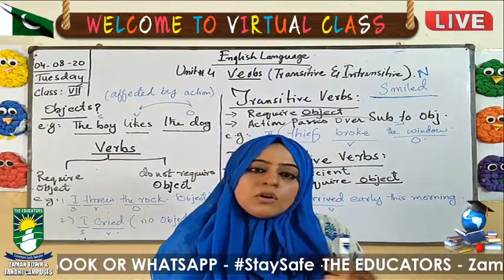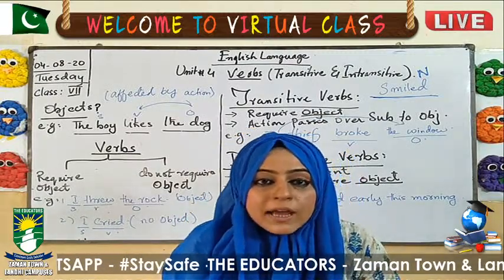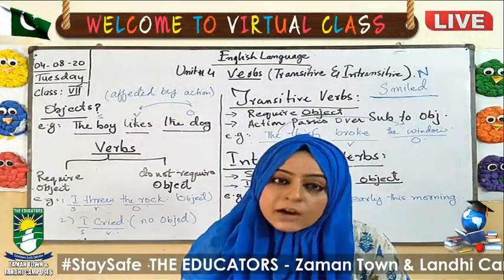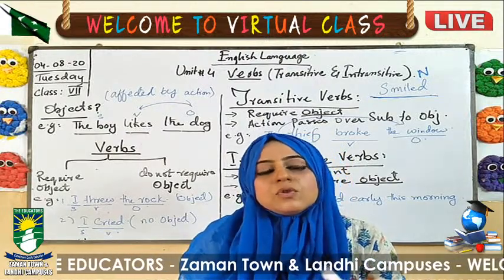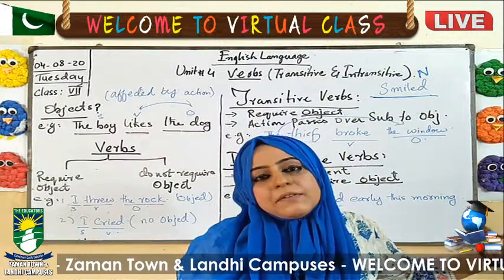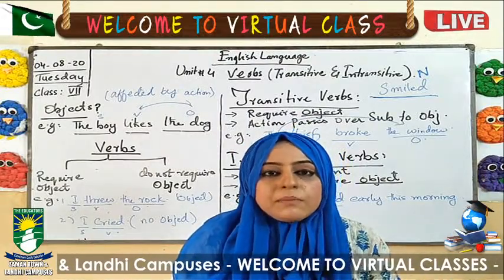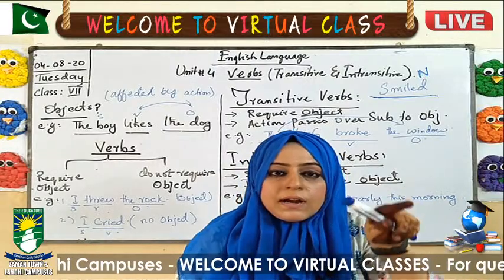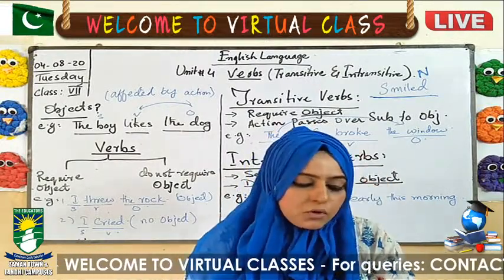Clear? So this was the main instruction. We are not having any appropriate term for it. They have just distinguished by using these two alphabets, that you have to distinguish between transitive and intransitive verb. Clear? So slept will be N. You will underline the word slept and write N over it.